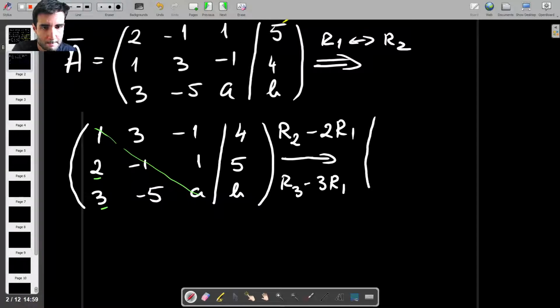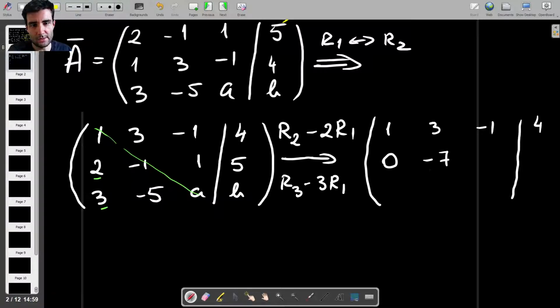Row 1 stays the same, so that's 1, 3, minus 1, and let's put the 4 here as well. Now the second row becomes 0, and then we have minus 1 minus 6, which is minus 7, and then this is 1 plus 2 technically, which is 3, and finally we have 5 minus 8, which is minus 3.